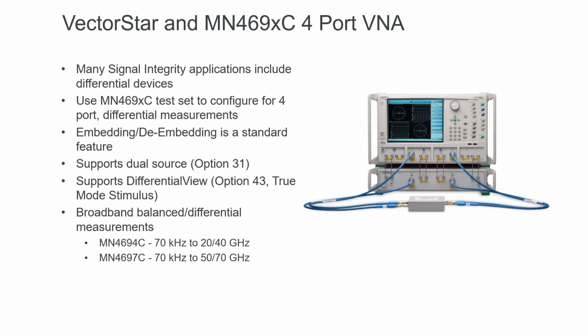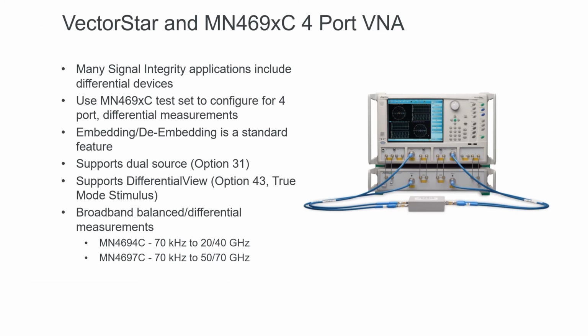We have 4 ports. We do the single-ended measurements, and we have a superposition mathematics that transforms single-ended S parameters into differential S parameters, which is what we're after because we want the differential insertion loss and differential return loss of our probe as the final result when we do the network extraction. Embedding and de-embedding is a standard feature on Anritsu VNAs. We can also add a second source and a differential view in those cases where true mode differential stimulus is required.